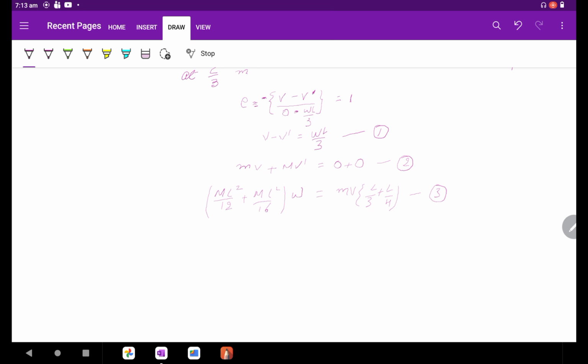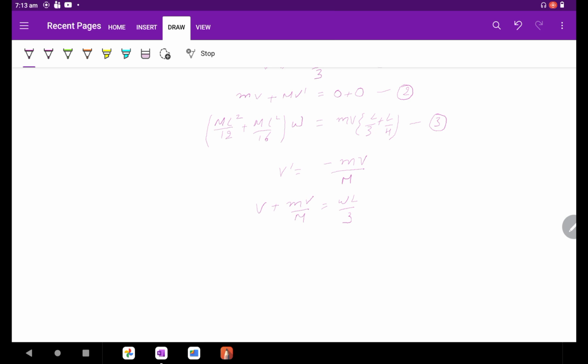So v prime from equation 2 will be minus of mv divided by M. Placing it in equation 1 gets us v plus mv by M is equal to omega L by 3, which gets us 3 times capital M plus small m into v divided by capital M is equal to omega L. Let's place it in equation number 3, ML square plus ML square by 16, and for omega, we place thrice of capital M plus small m into v by ML.